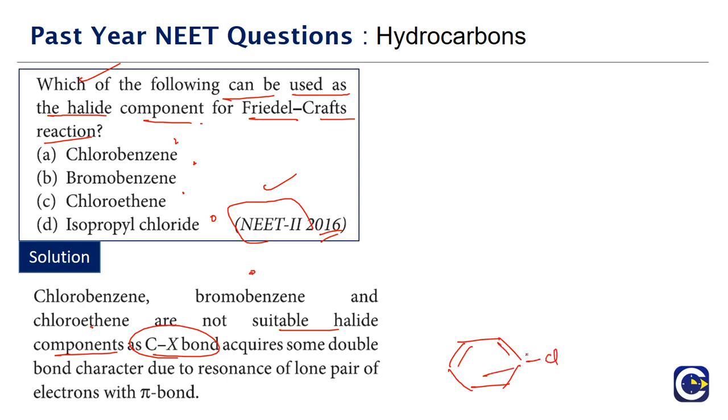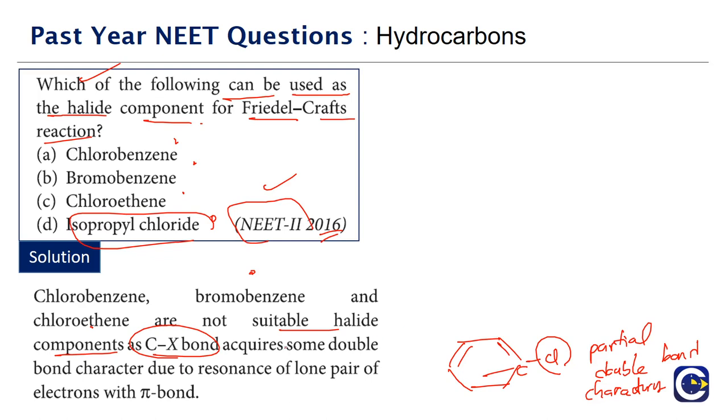Due to resonance stabilization, this carbon-chlorine bond gets partial double bond character. As a result, the release of the chlorine will not be that easy. In a normal alkyl halide, the carbon-halogen bond is a single bond, so we can easily remove it.